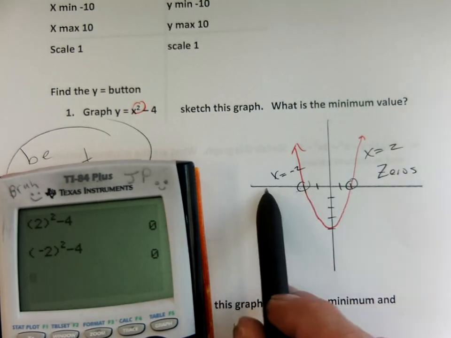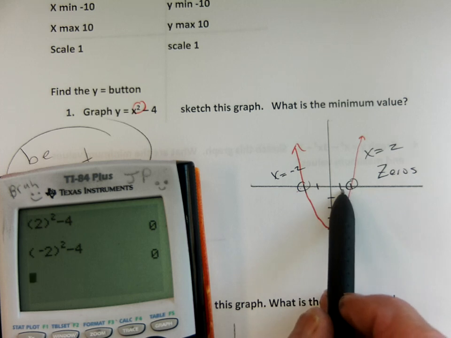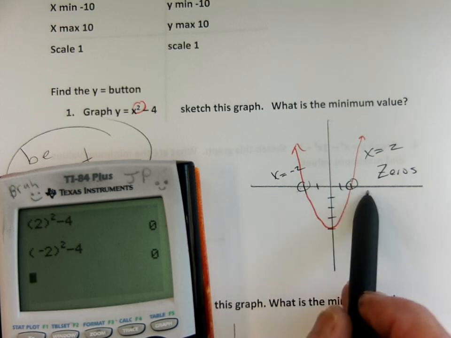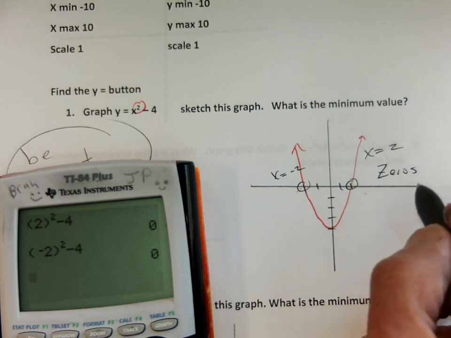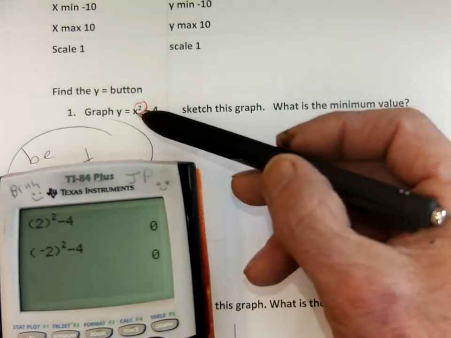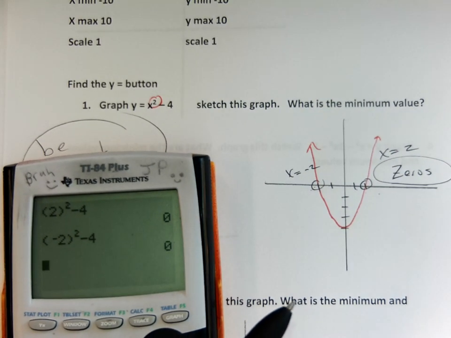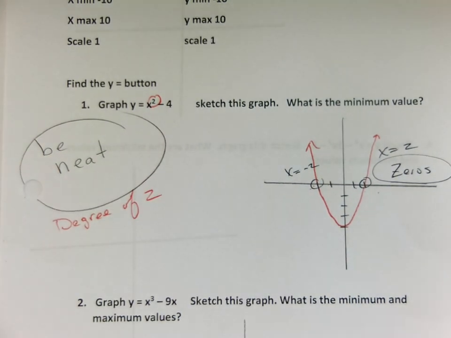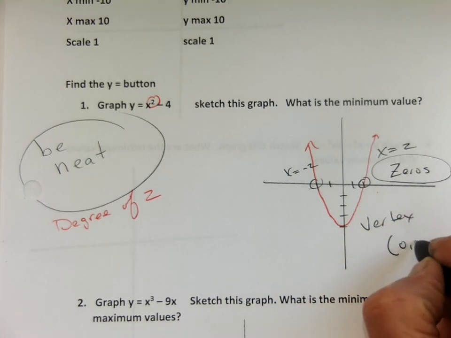Also, it has a height of 0. Their x-intercepts are also called zeros. So any place it crosses the x-axis, we call them zeros, okay? They're also values that make the equation equal to 0, okay? It has a vertex, doesn't it? And the vertex is at 0, negative 4.